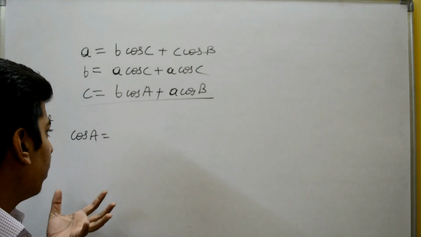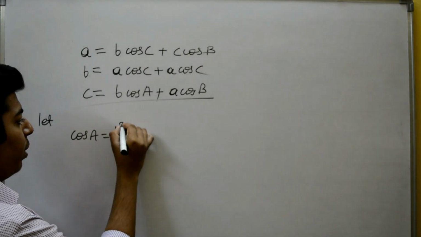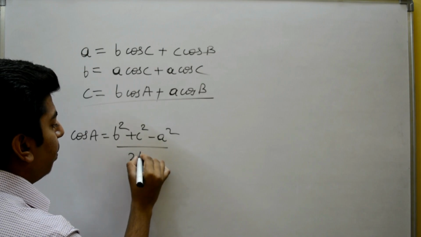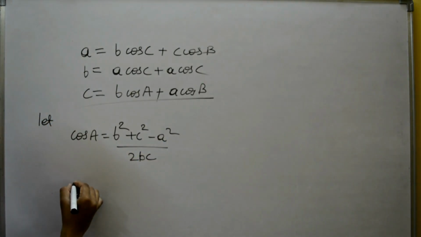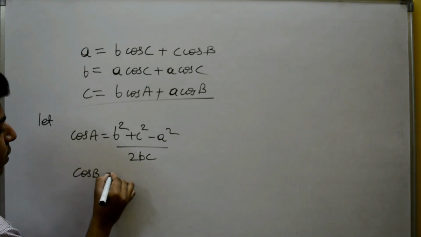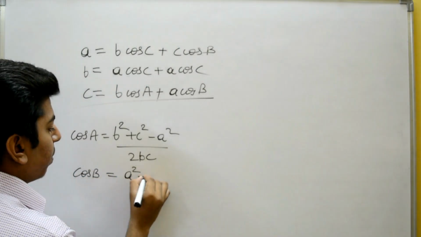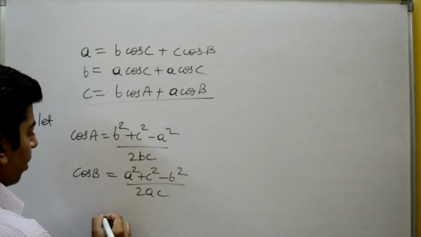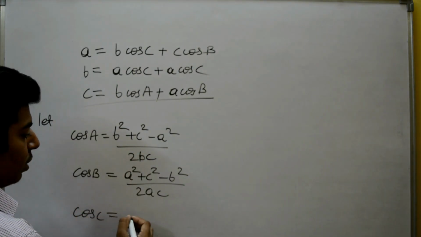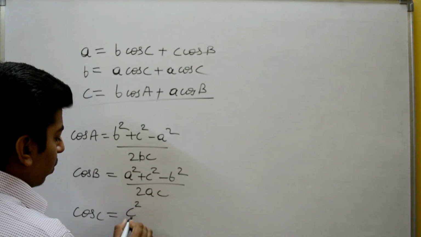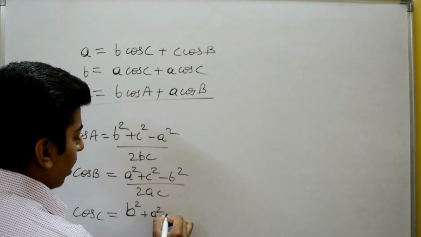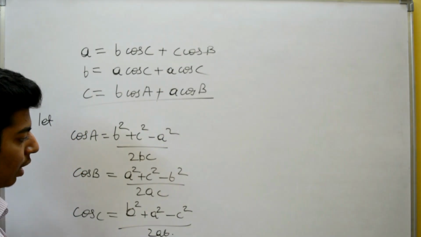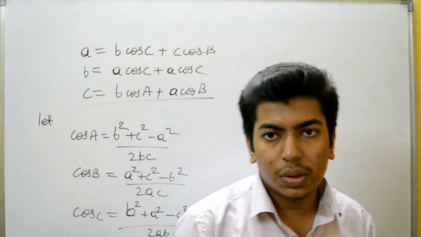From the cosine rule formula, cos A is equal to b square plus c square minus a square upon 2bc. cos B is equal to a square plus c square minus b square upon 2ac. cos C is equal to b square plus a square minus c square upon 2ab. Okay, so these are all the cosine rule.